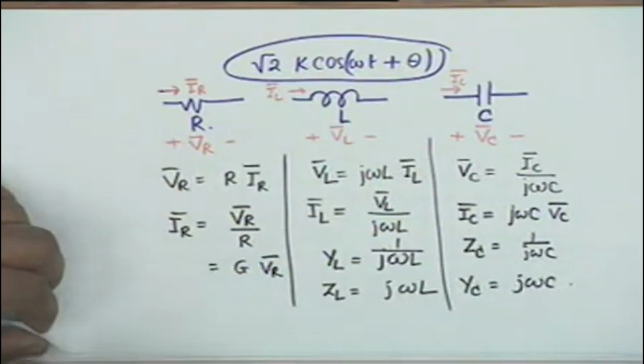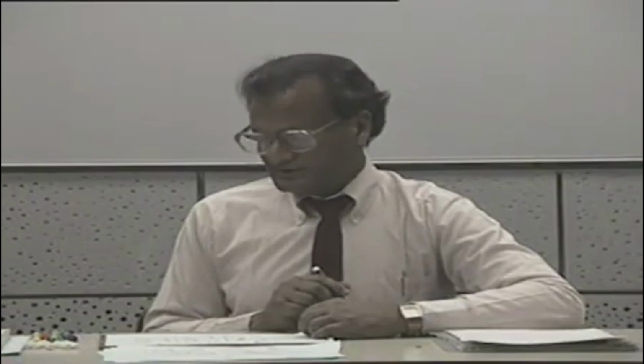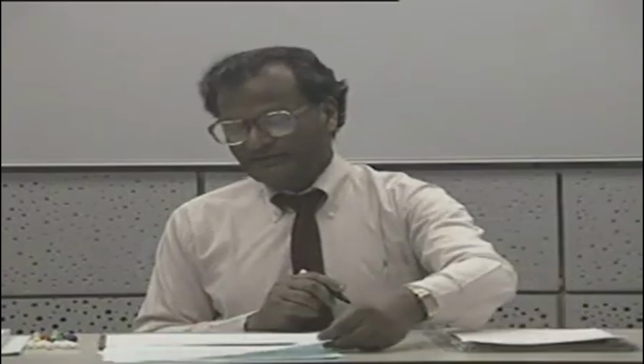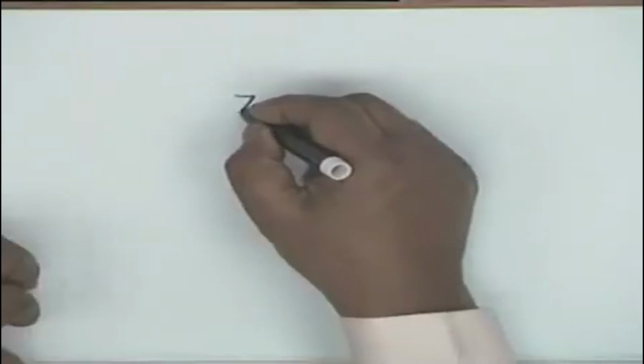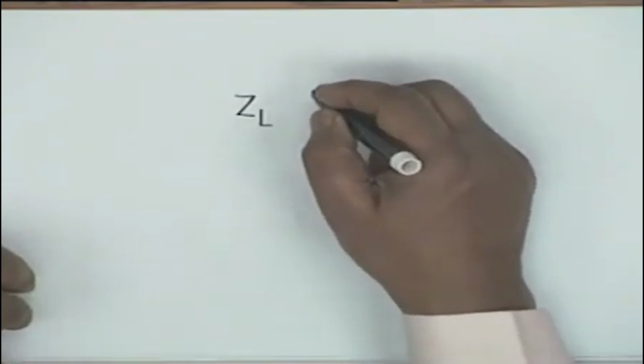Whenever a quantity, impedance or admittance, is purely imaginary, the imaginary part of that impedance or admittance goes by a special name, and we shall introduce the name here itself. If there is an impedance which is purely imaginary, let's consider the inductance for example.